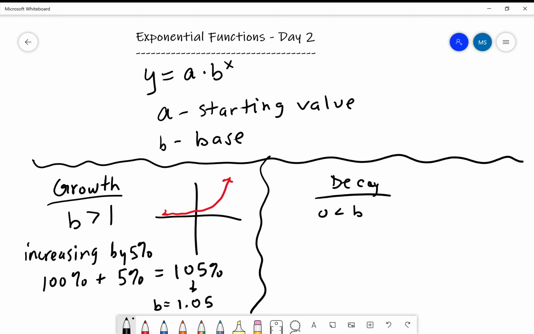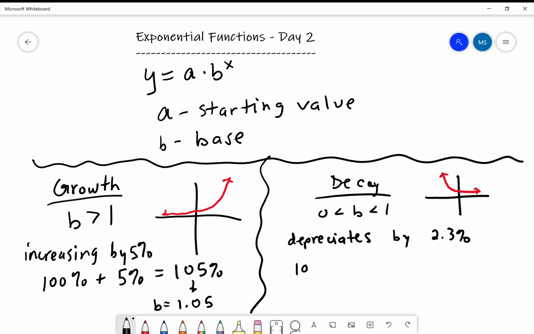Now decay is the opposite. This is where b is somewhere between 0 and 1. A quick sketch of this would show that it is decreasing over time. You might hear words like it depreciates. Depreciates is a decay example. So let's say it decreases by 2.3%.